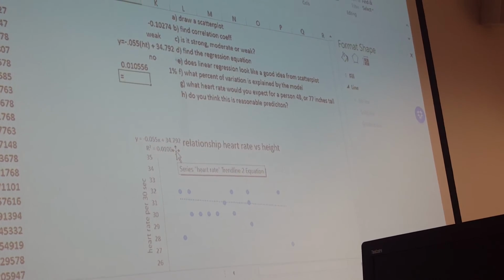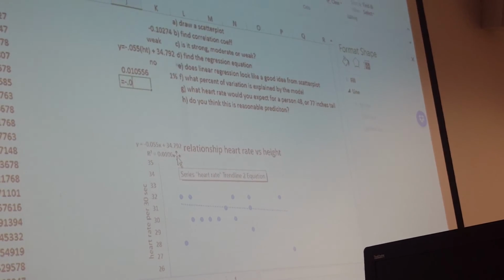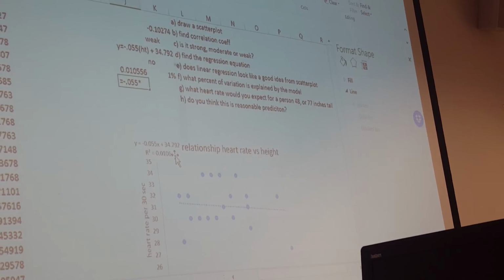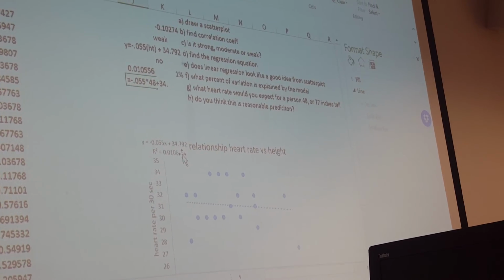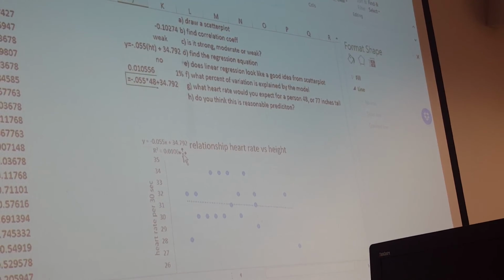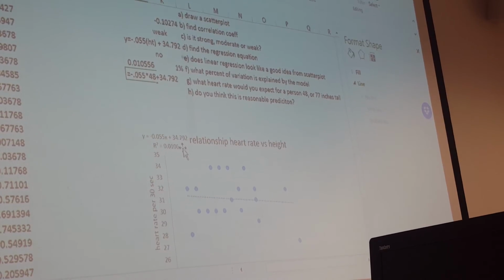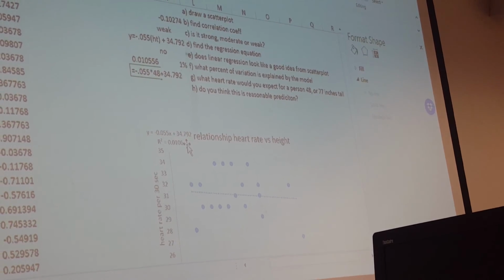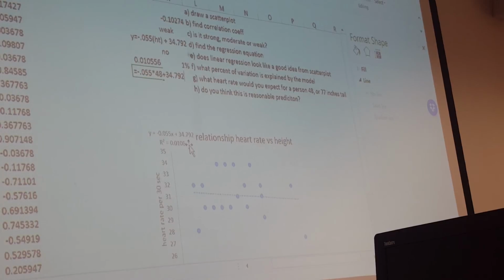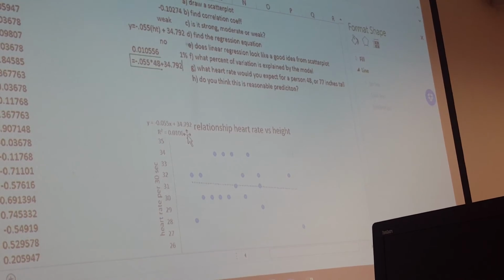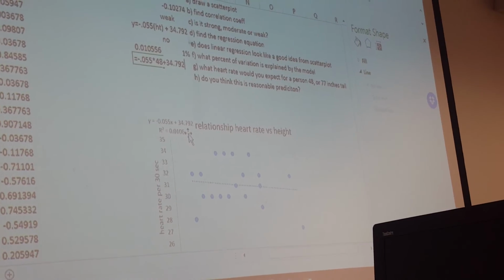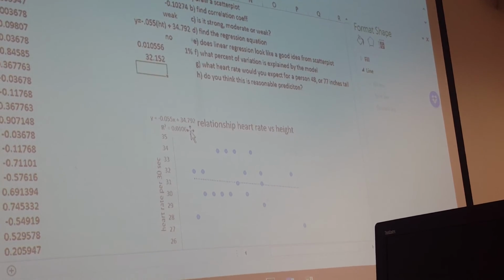Negative 0.055 times 48 plus 34.792. We'll do it again in just a second. So a person who is 4 feet tall, 4 times 12 is 48, you would expect their heart rate to be 32.